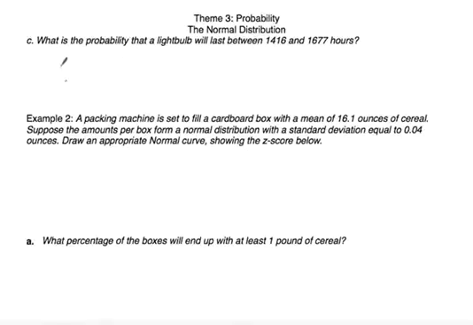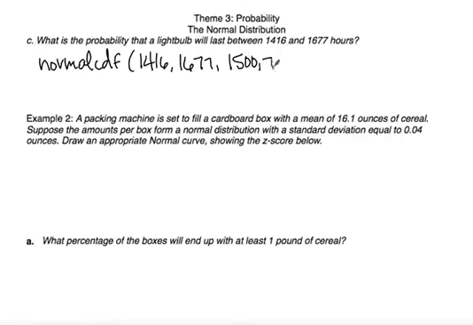C says, what is the probability the light bulb will last between 1,416 and 1,677 hours? So you would do this one the same way, so normal CDF. Your lower bound is 1416, your upper bound is 1677, your mean is 1500, your standard deviation is 75.